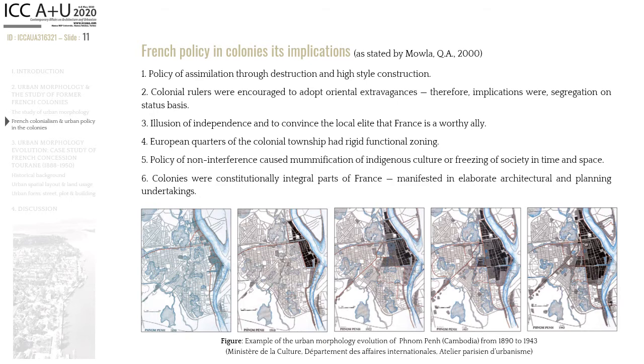The illusion of independence. 4. The rigid functional zoning of the European quarter of the colonial township. 5. The policy of non-interference of indigenous culture. And finally, colonies were considered part of France.